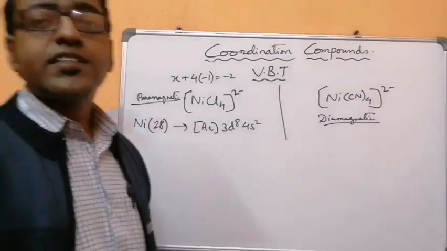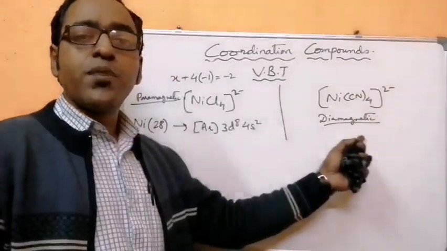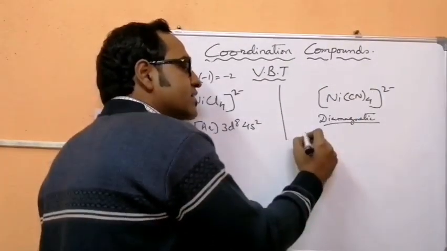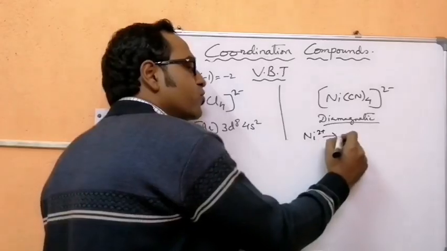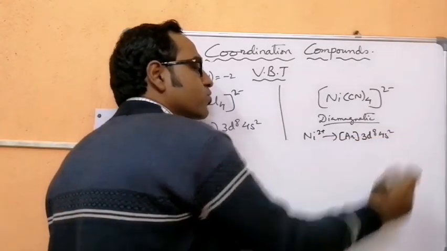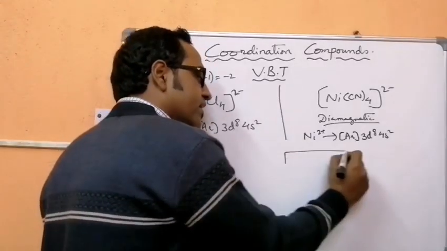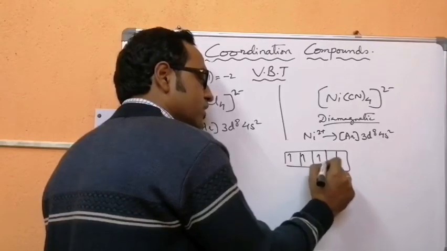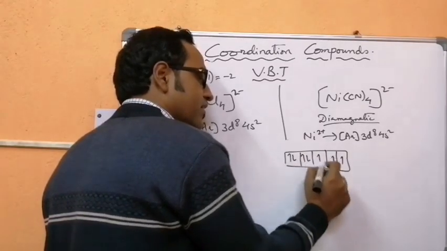Now in case of nickel tetracyanide, it is written the compound is diamagnetic. Again here nickel is in the +2 state. +2 means argon 3d8 4s0. So again we can write 1, 2, 3, 4, 5, 6, 7, 8.